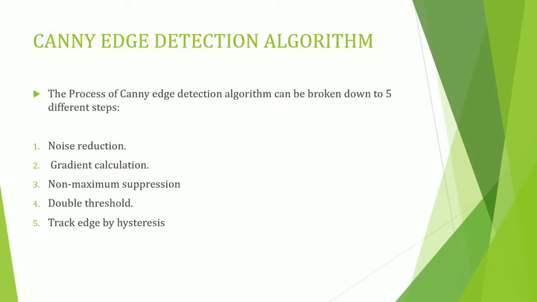So weak edges that are not connected to the strong edge will be removed. To speed up this process, the algorithm keeps track of the weak and strong edges, and that way it can recursively iterate through every pixel of the image. Finally, we iterate through the remaining weak edges and set them to 0, resulting in the final processed image.